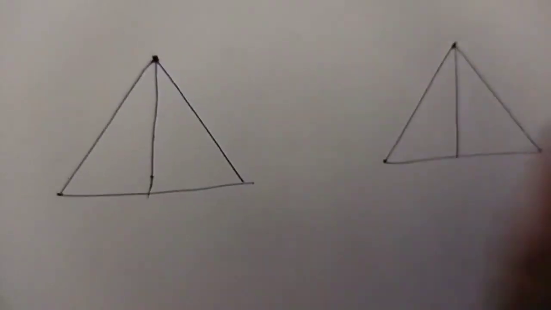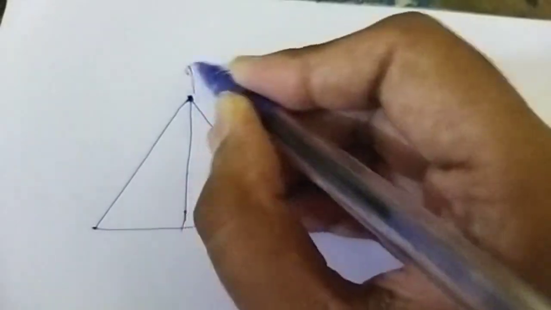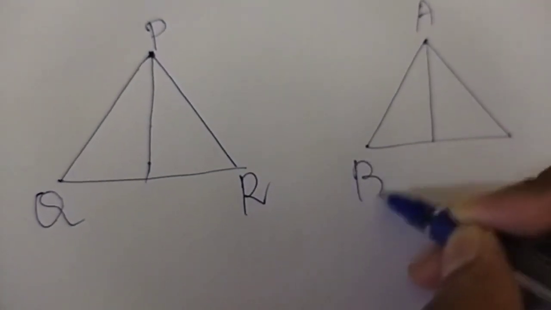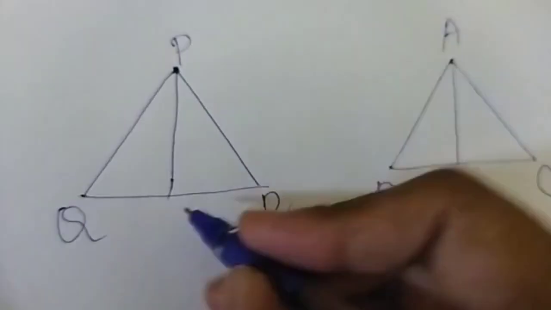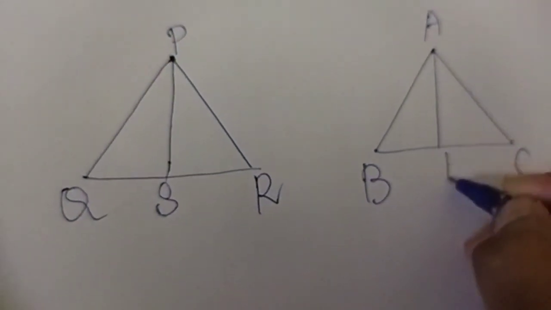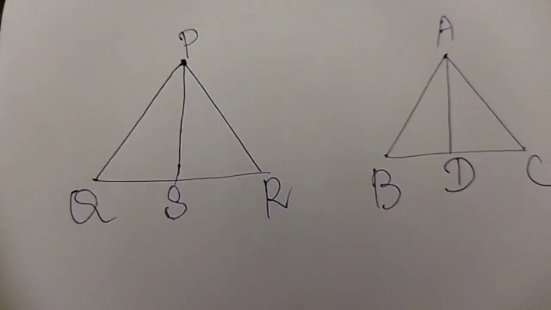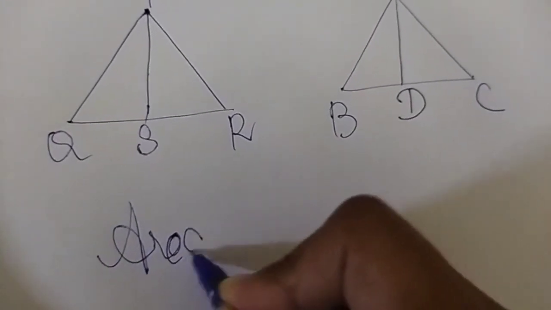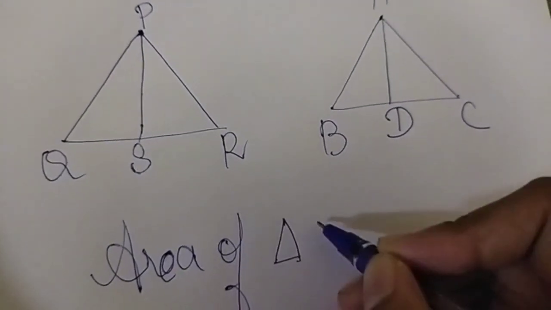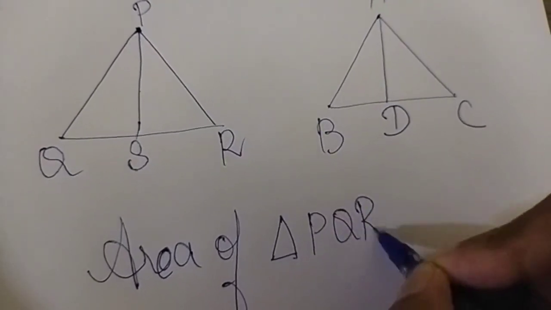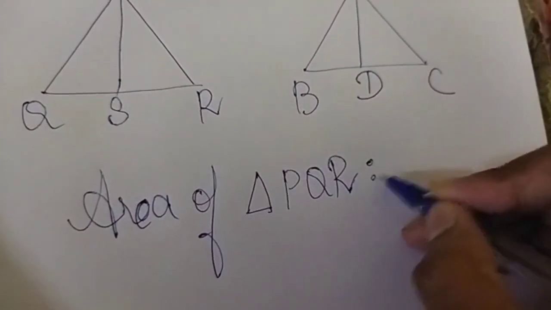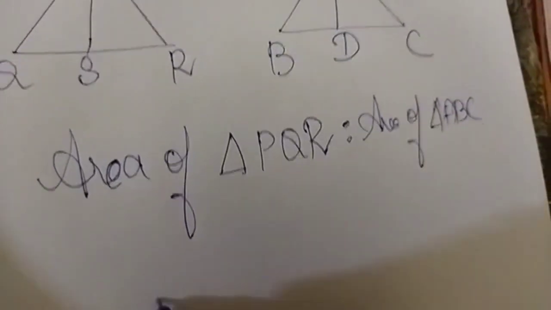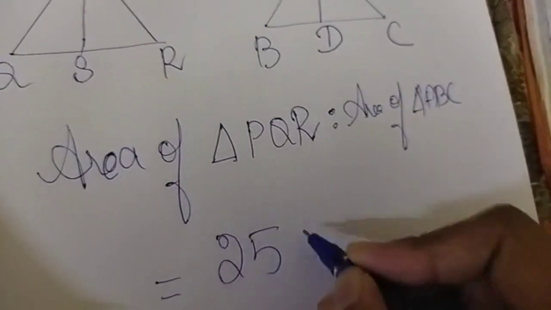So these are the two isosceles triangles. Let me take this one as PQR and this one as ABC. The height is PS and here the height is AD. It is given that area of triangle PQR and area of triangle ABC are in the ratio 25 is to 36.